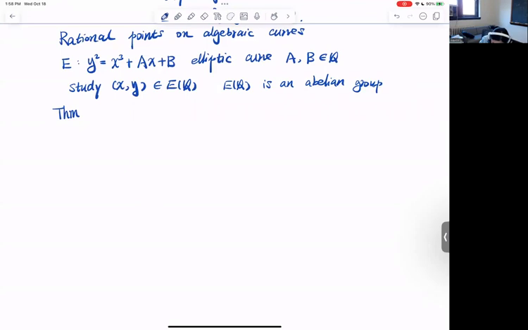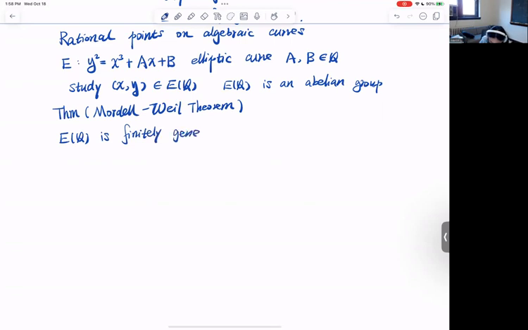First of all, the Mordell-Weil theorem says that E(Q) is finitely generated.